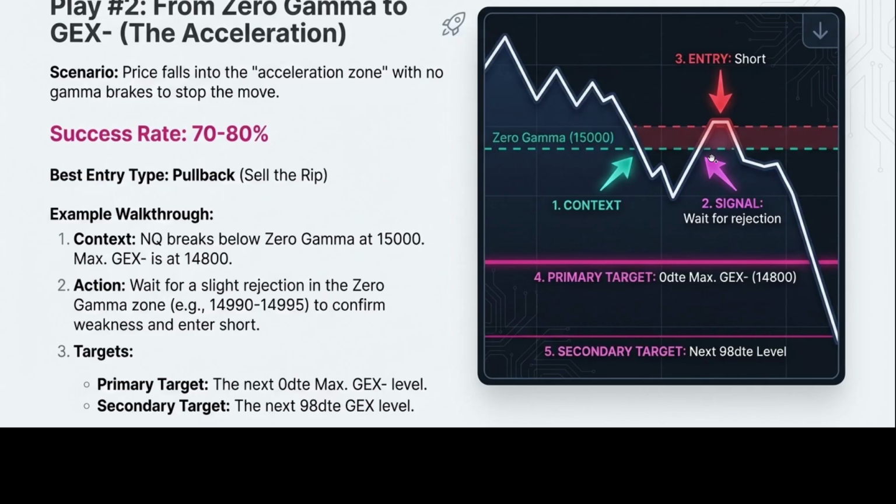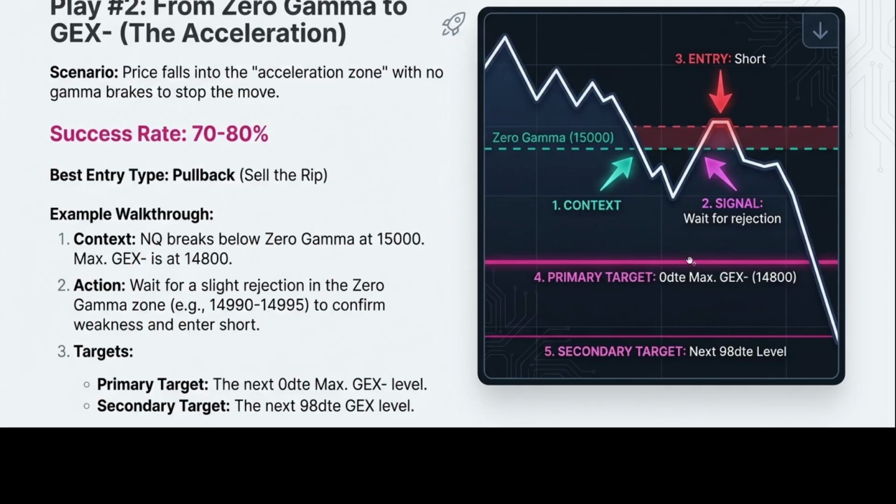For example, here NQ breaks below the zero gamma at 15,000 price. This is for NQ. And then you see the max GEX negative level at 14,800.